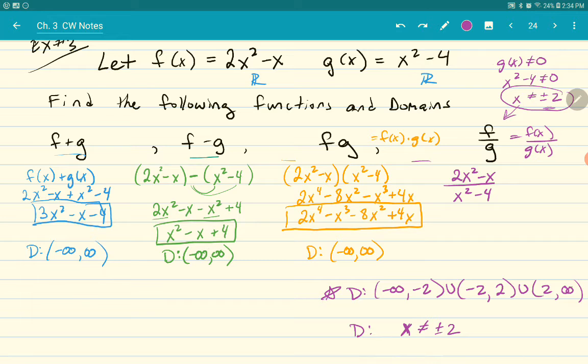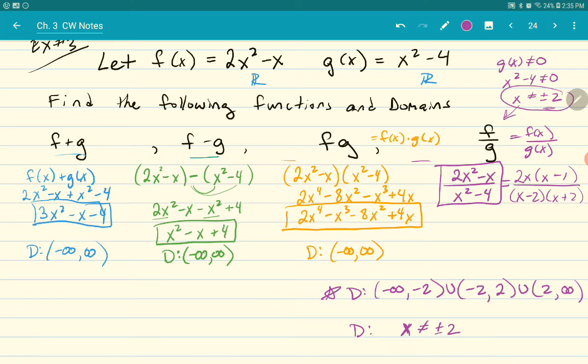I'm just thinking you could actually factor the denominator because that's a difference of squares. If I were to factor this, then I would get in the denominator x minus 2, x plus 2. And in the numerator, I could take out a 2x and be left with x minus 1. So still no common factors, so there's really no point in reducing it. So either of these answers would be correct, factored or unfactored.